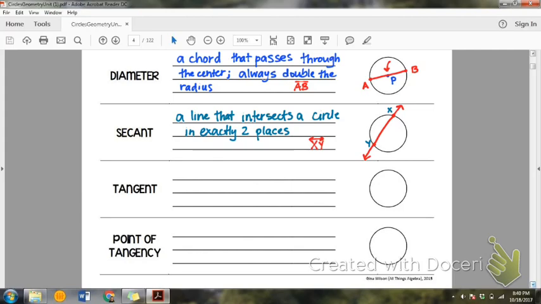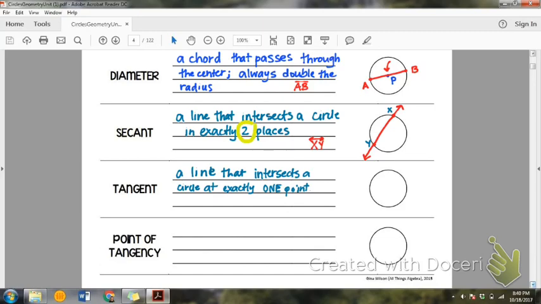Then a tangent is similar, but a tangent is a line that intersects a circle at exactly one point. One point. So the diameter intersected at two places. I'm sorry, the tangent, whoa, let me back up.